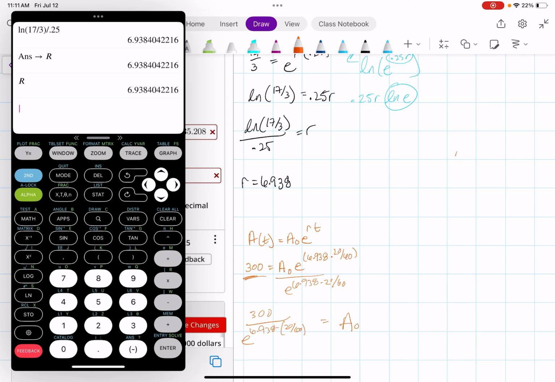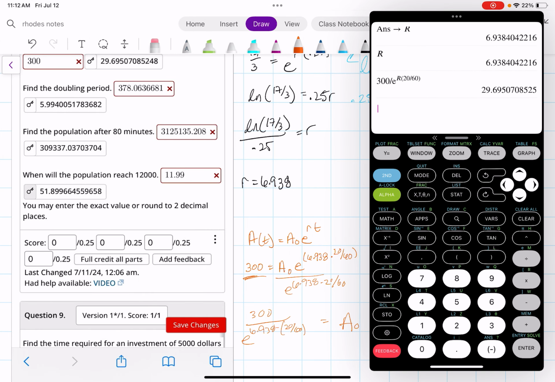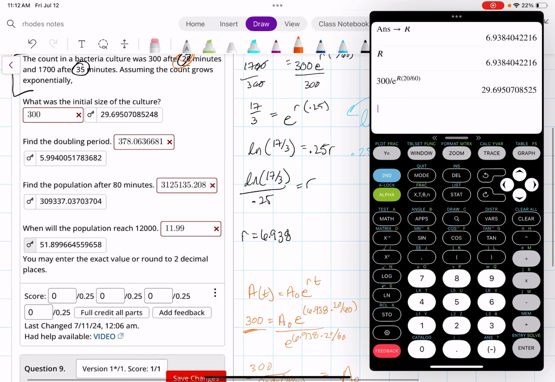So, go to the calculator: 300 divided by e raised to r, I'm going to put r in there, times 20 divided by 60, hit enter. I get 29.69507085248, that they were looking for there, my initial size of the culture.